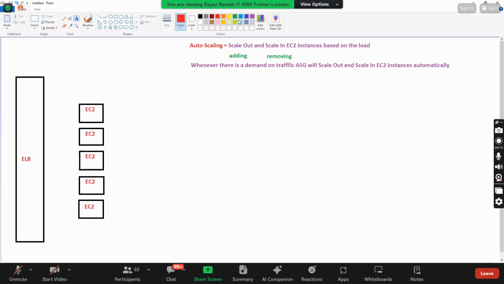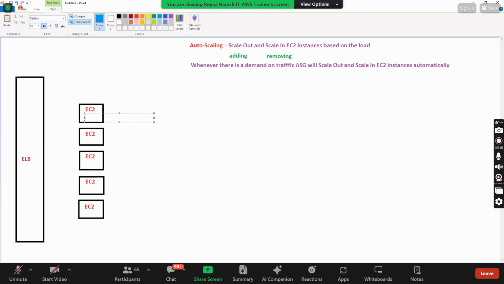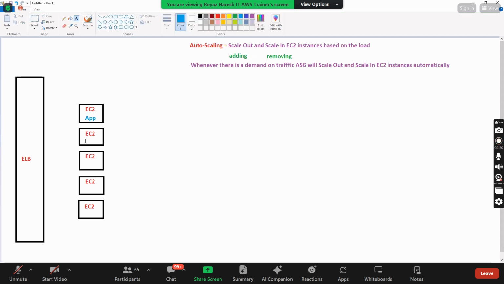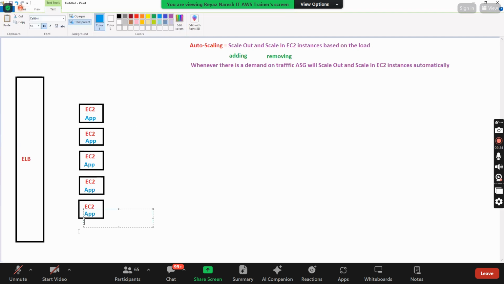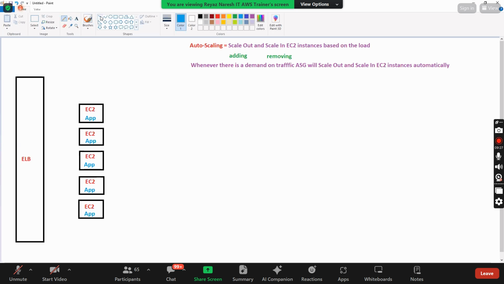And we have an application also inside that. Definitely we need to have an application. Now, how many EC2 instances are there? 1, 2, 3, 4, 5 are there. As I don't have space, that's the reason I put only 5.